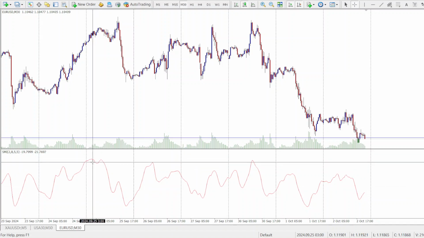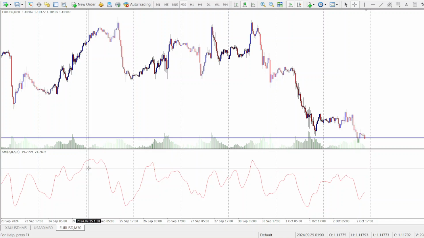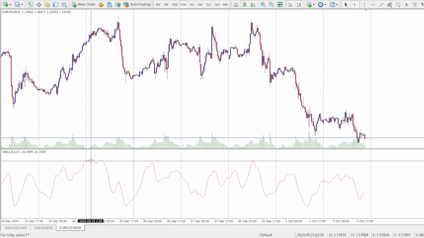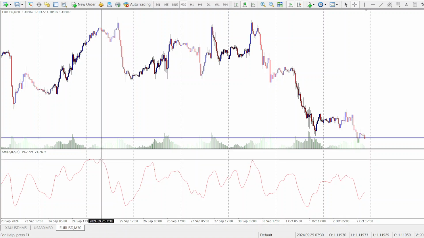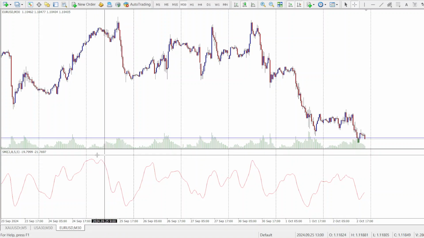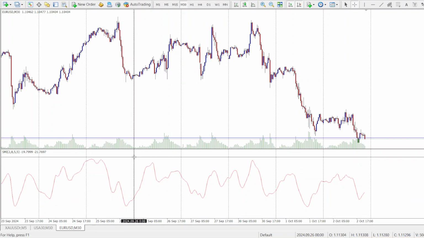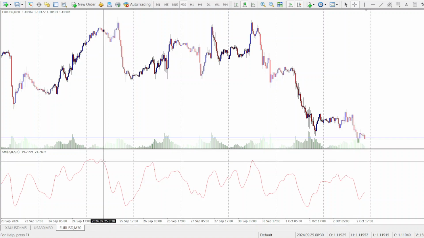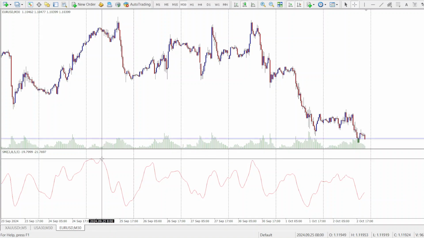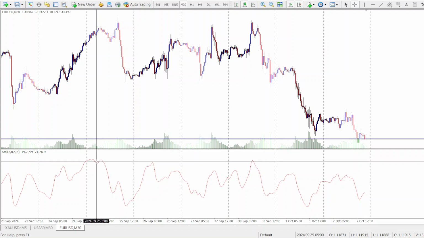Now, once you see the SMI make a downward curve around the upper boundary of the indicator window, as a day trader, you can decide to enter just one trade right after the curve.